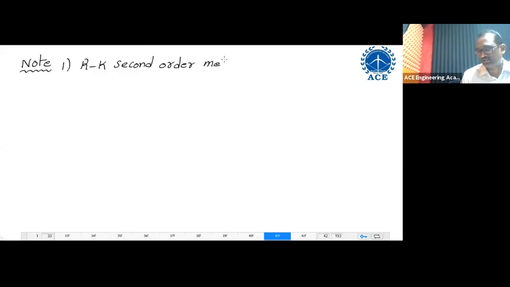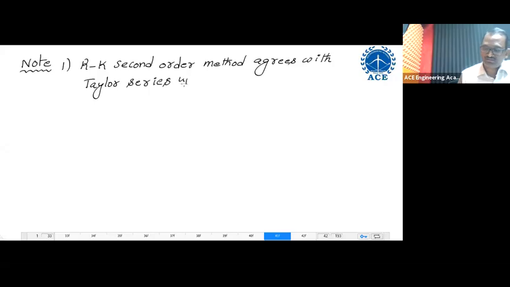RK second order method agrees with, agrees means equal to, Taylor series up to second derivative.